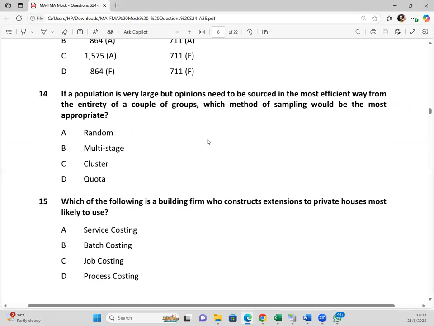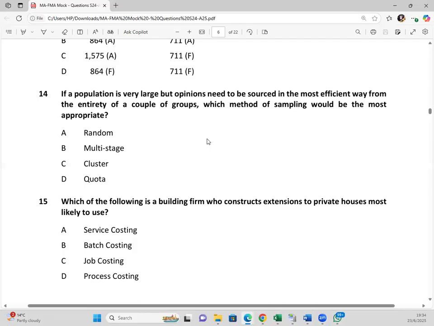So the methods that are most close to this are cluster and multi-stage. So for quota, we pick a representative from each quota. For random sampling, every member has equal chances of being picked. But here, opinions need to be sourced in the most efficient way from the entirety of a couple of groups.